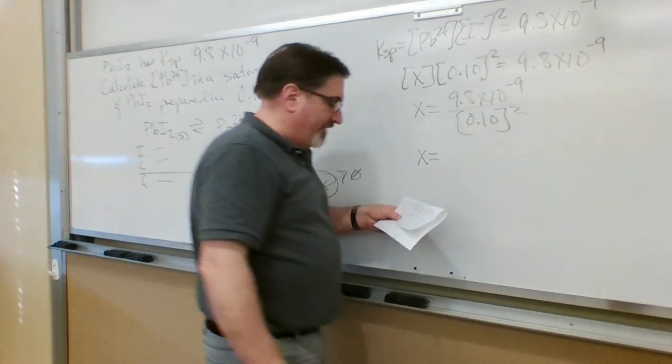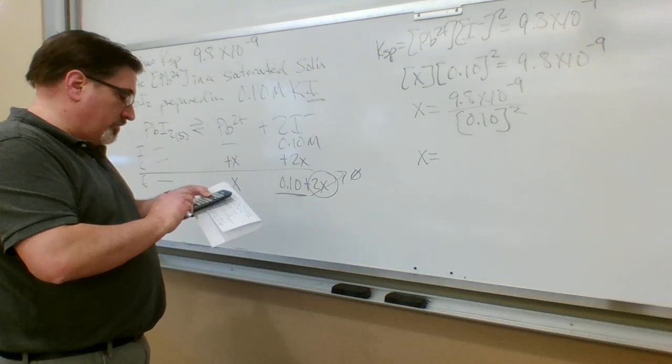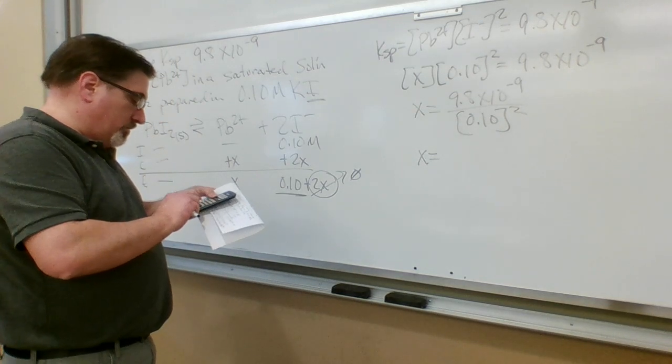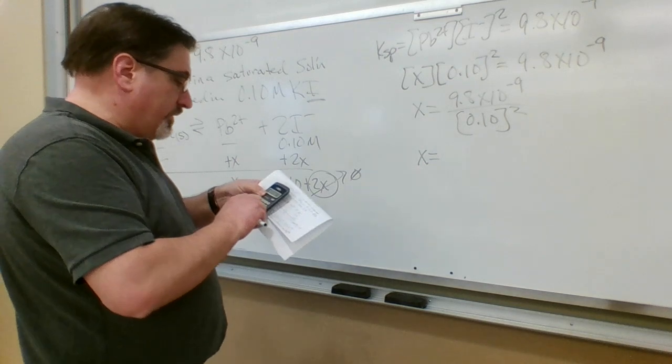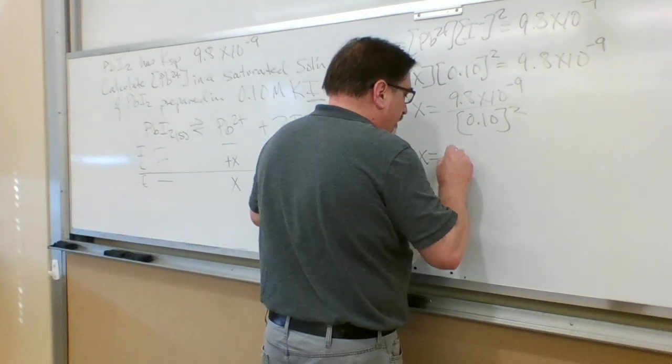So x has a value, don't forget to square the 0.1, 9.8 times 10 to the minus 7th.